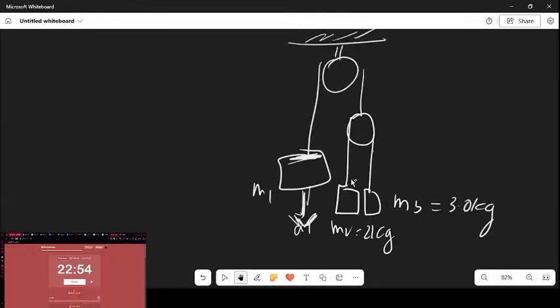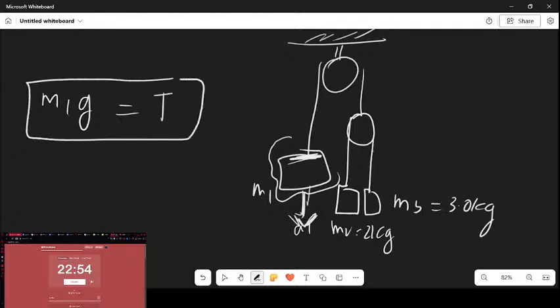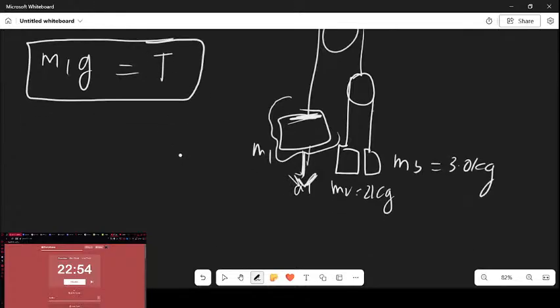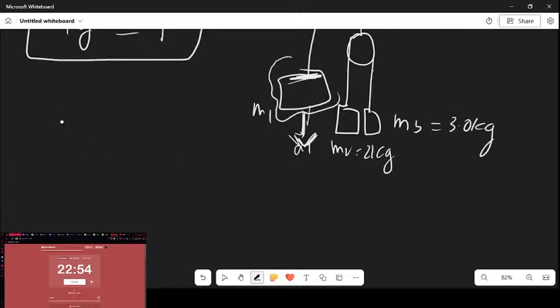So, we know the mass of M1. We need to specify the mass of M1 so that the system remains at rest. So M1g is equal to tension, right? If that is the case, we need to find the tension. That's nothing else.